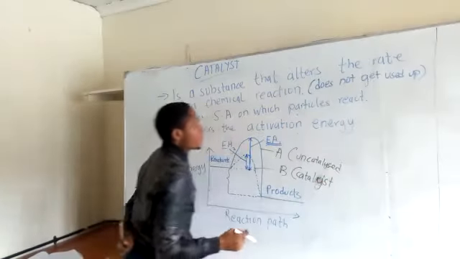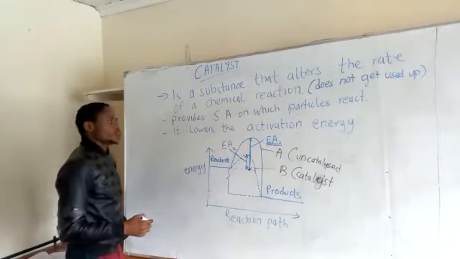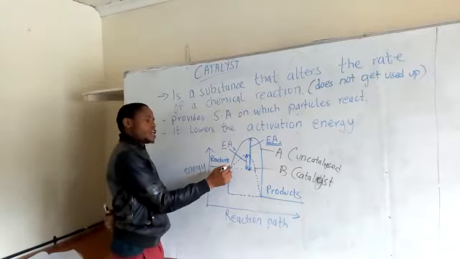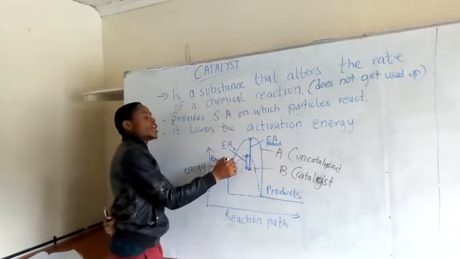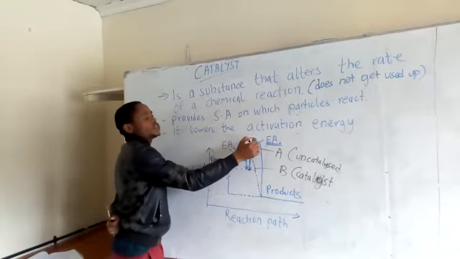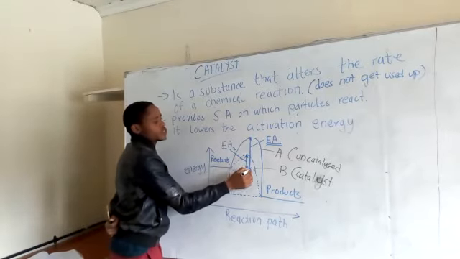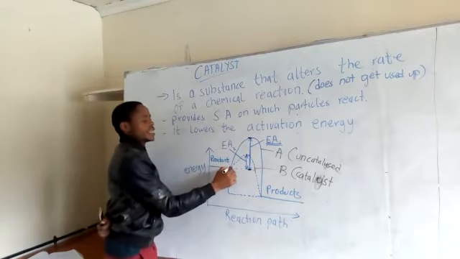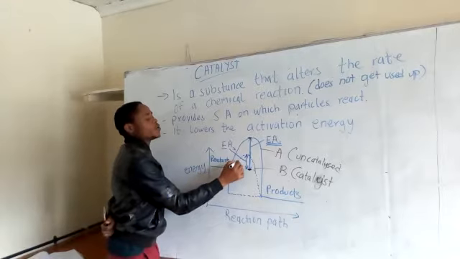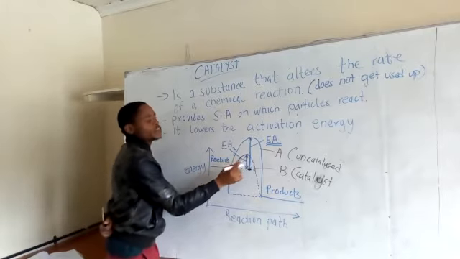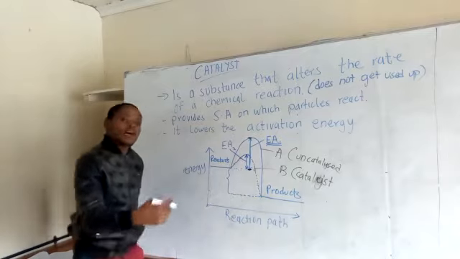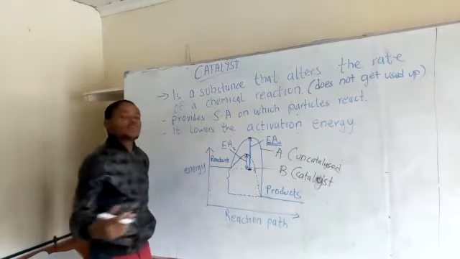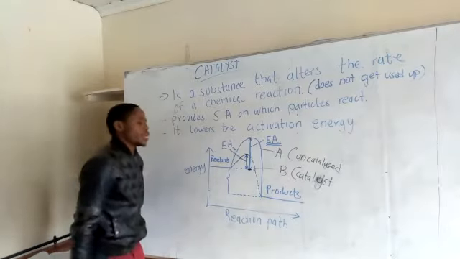You can see for the reactants here in our reaction A, they have to acquire a higher activation energy. This is the first activation energy, activation 1. Then when using the catalyst, the activation energy has been lowered to almost half. And so this reaction will occur faster because the particles require less activation energy to form the products.